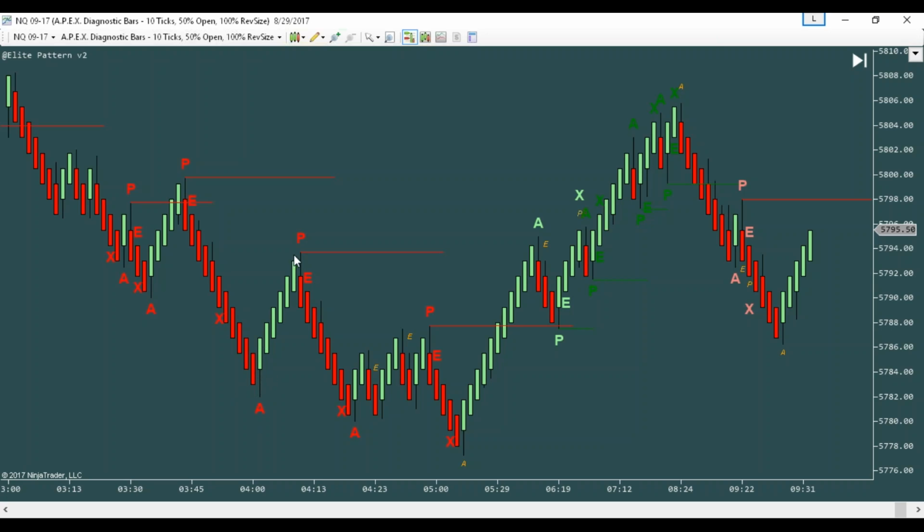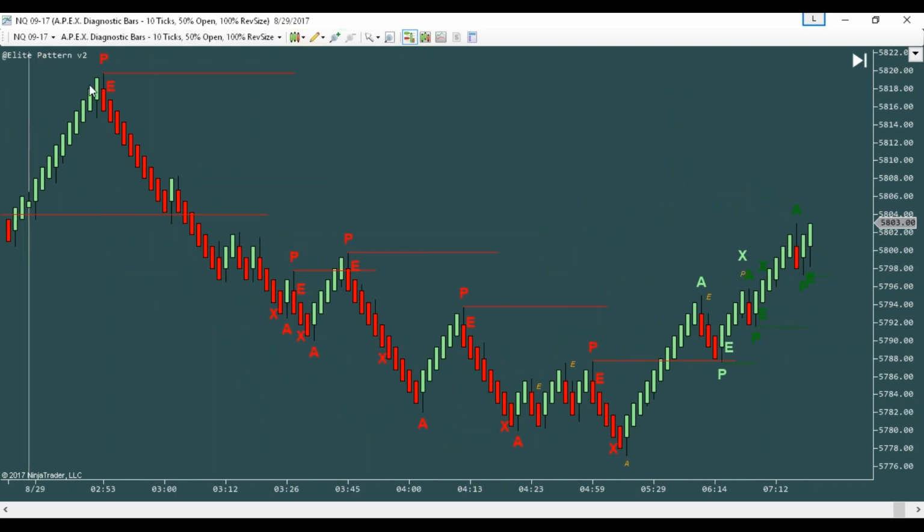Market comes up, does its pullback, right? See, market comes down, pulls back, comes down, pulls back, comes down, pulls up. So alert is pulling back up. Pivot, it made a down close bar. E is potential entry, 3 ticks below to keep going. What do we know happens when the market is trending?